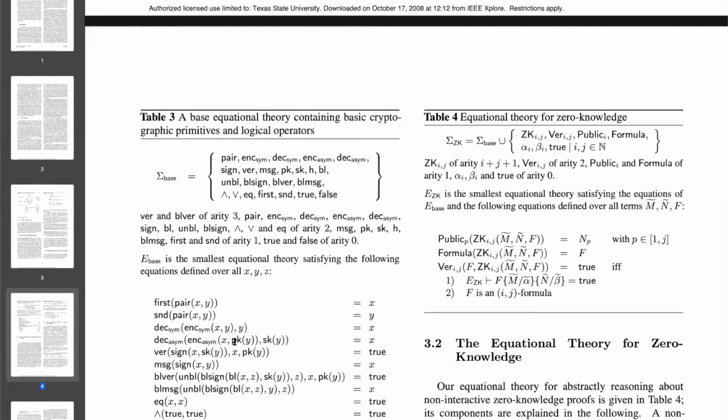Now here you have a private key and a public key and a secret key. So if you encrypt X with the public key part of Y, and then you decrypt that with the secret key part of Y, you'll get back X. Does that make sense? Yeah. And so the rest of these are pretty much as you would expect. All right.